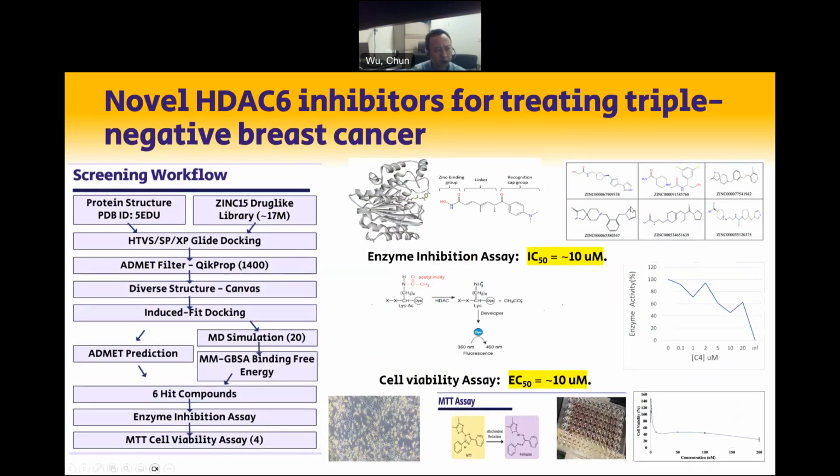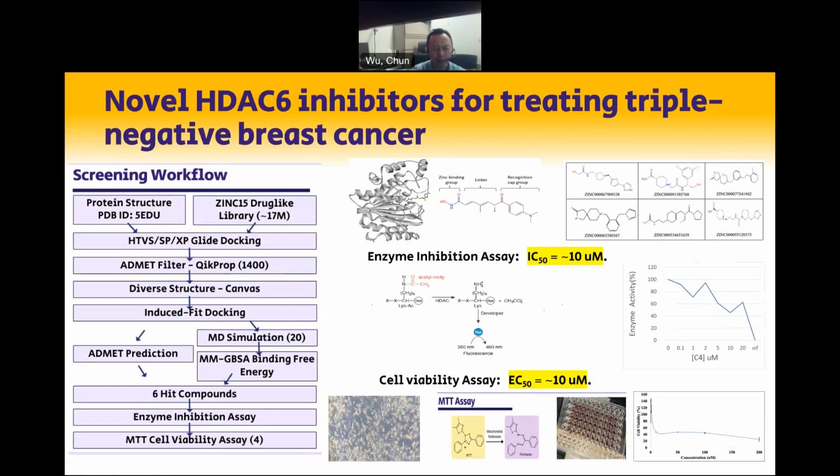Through virtual screening, we identified 6 compounds. Then in my lab, we did wet lab testing, the enzyme inhibition assay, and we found a compound which gives an inhibition IC50 of 10 micromolar, so a very decent hit.